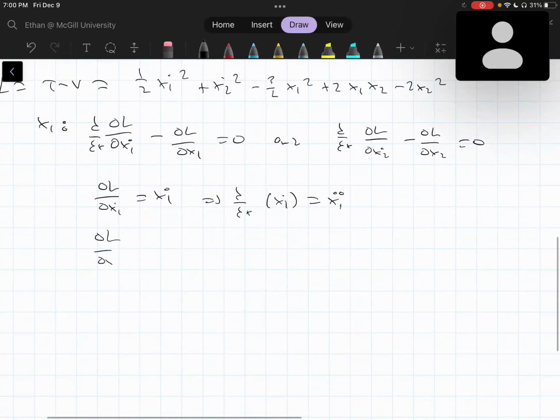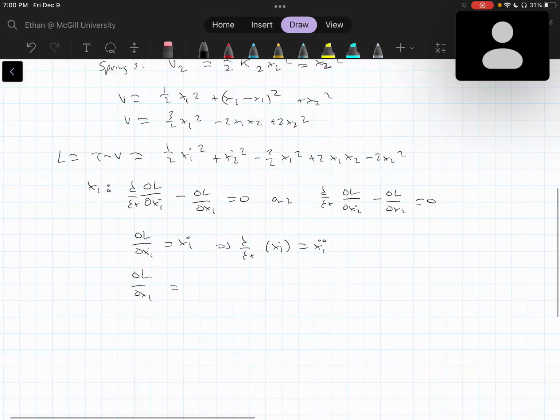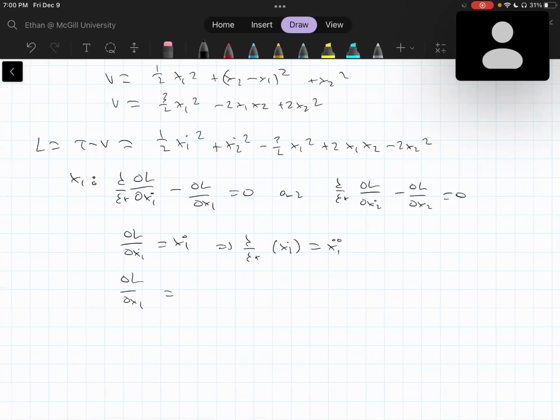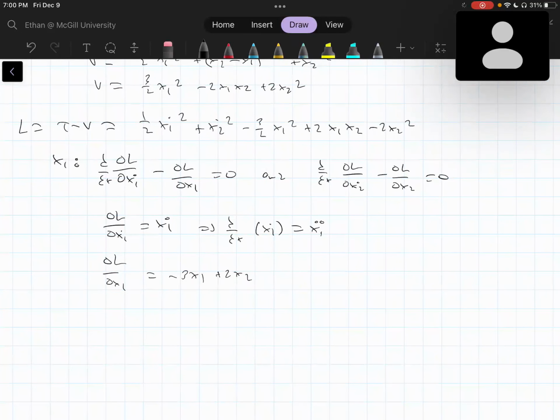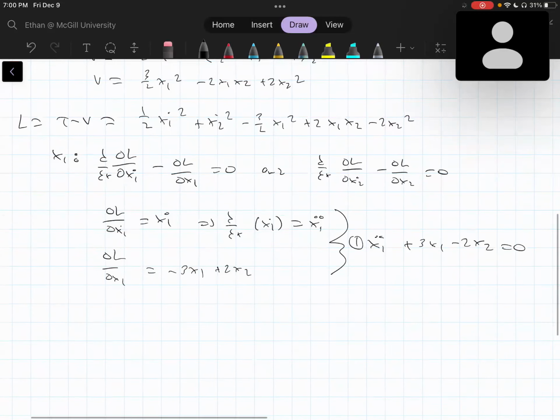Partial L by partial x1 is equal to negative 3x1 plus 2x2. So putting these into the equation above, we're going to have x1 double dot plus 3x1 minus 2x2 is equal to 0. That's equation 1.